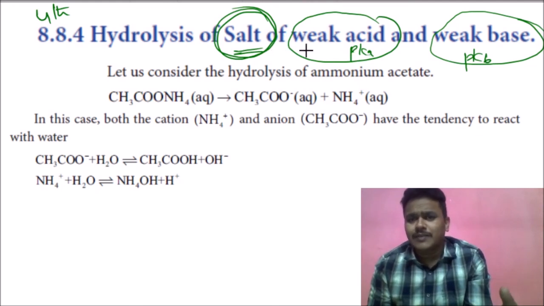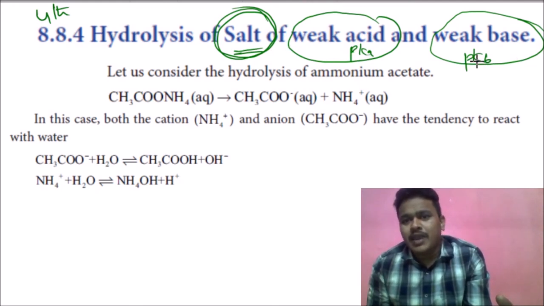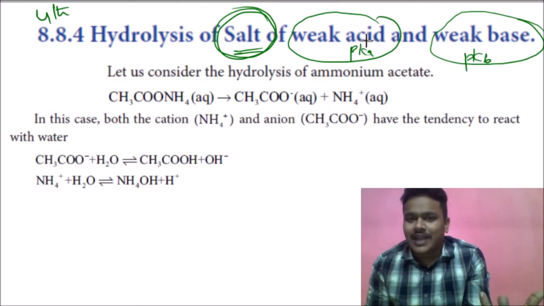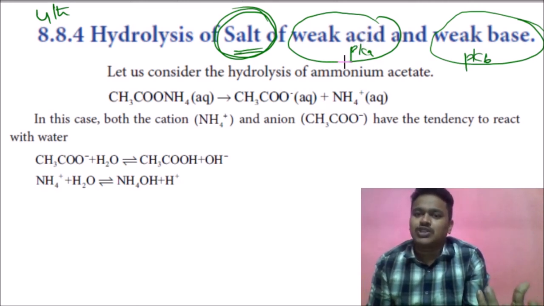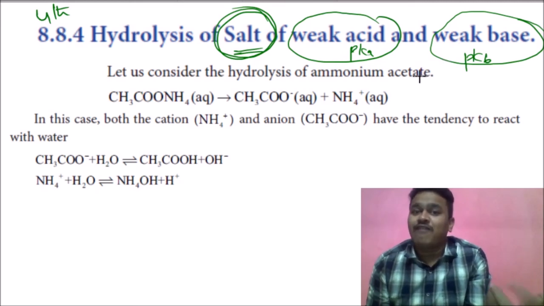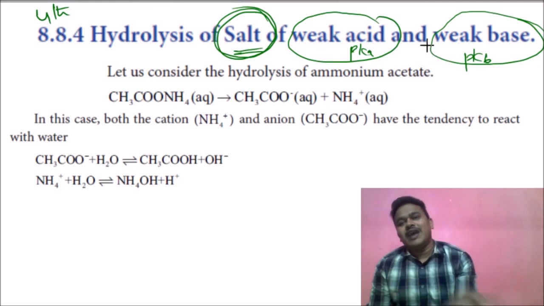In case pKb of the weak base is greater than pKa of the weak acid, at that time the resultant salt solution will be basic in nature. So pKa and pKb values will decide the nature of the solution for this salt of weak acid and weak base.